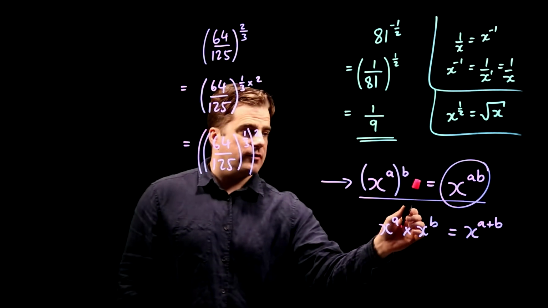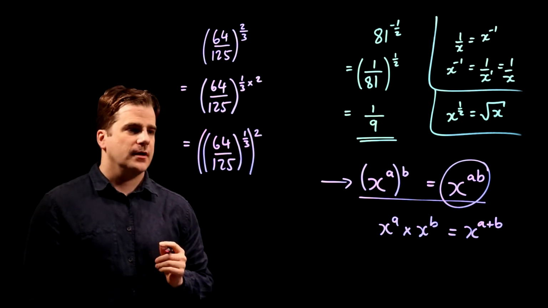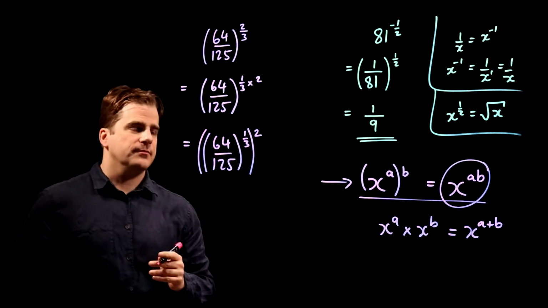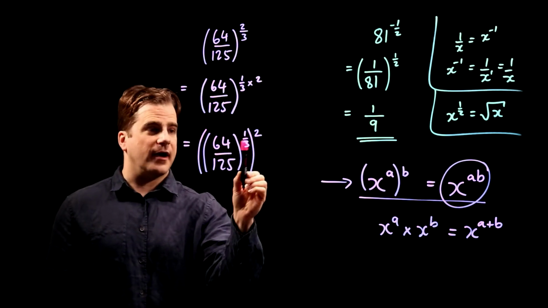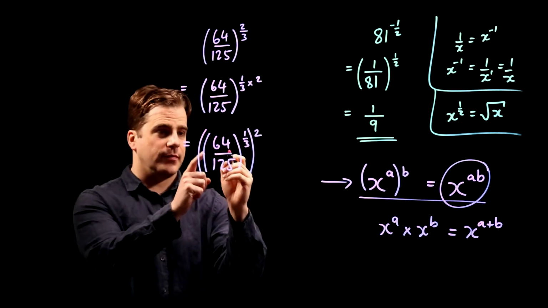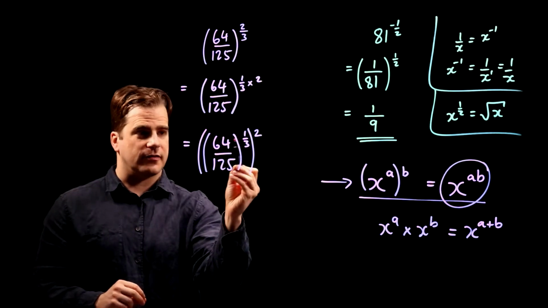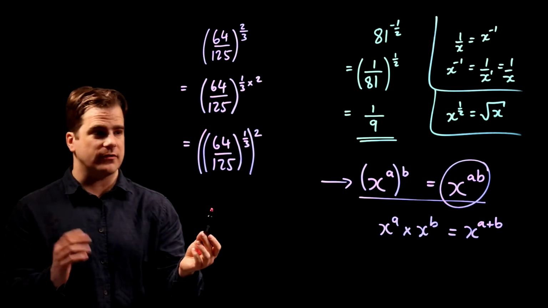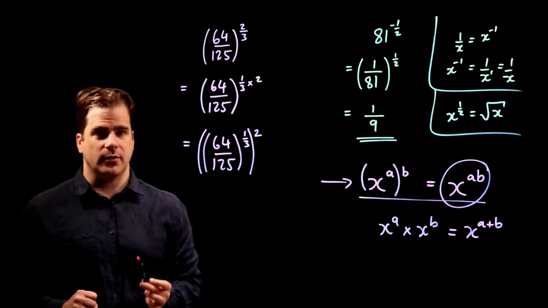So you need to know this rule in order to do this question. Because now what we can do, we have 64 over 125 to the power of a third. We'll deal with the outer bracket and the squared in a minute. But first we can do 64 to the power of a third. In other words, take the cubed root of 64. And we can also take the cubed root of 125.